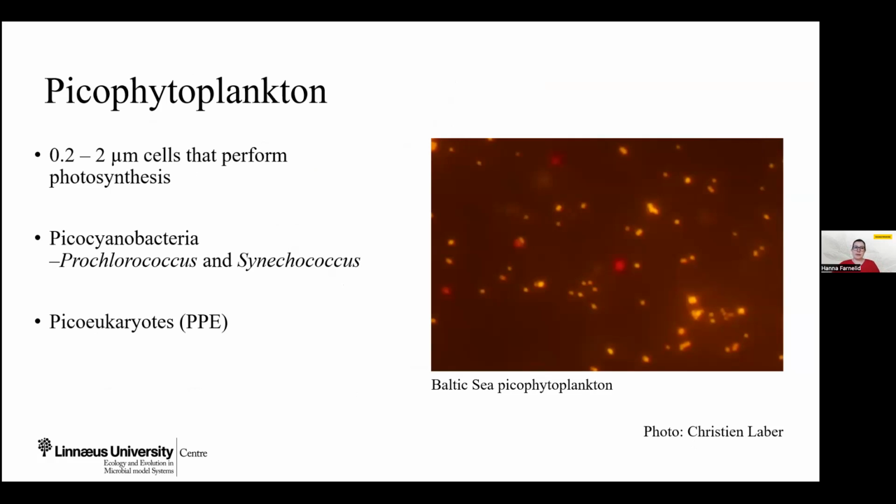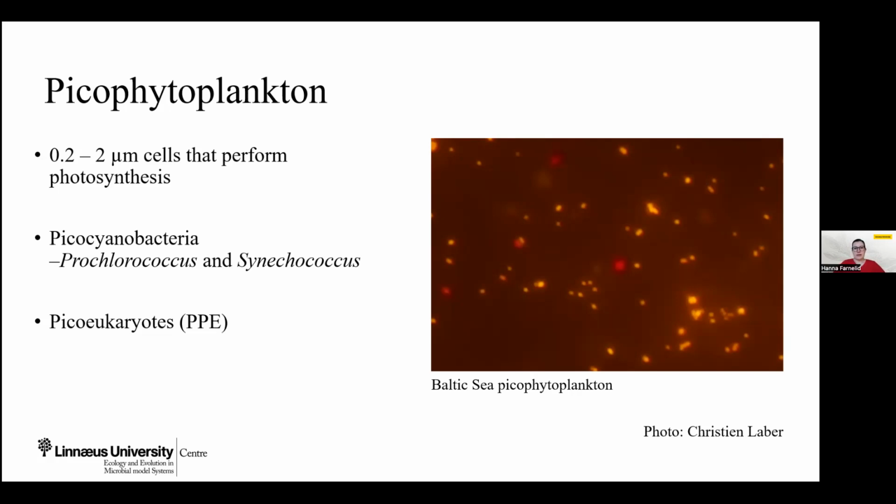And this group is composed both of Picocyanobacteria, so Prochlorococcus and Synechococcus, which are the most abundant phototrophic organisms on Earth and very widespread. And the Picophytoplankton group also consists of picoeukaryotes, and these are a diverse group of small eukaryotic organisms that are distributed all over the diversity of the eukaryote tree.